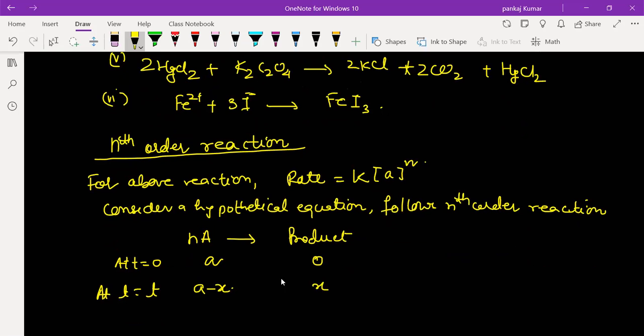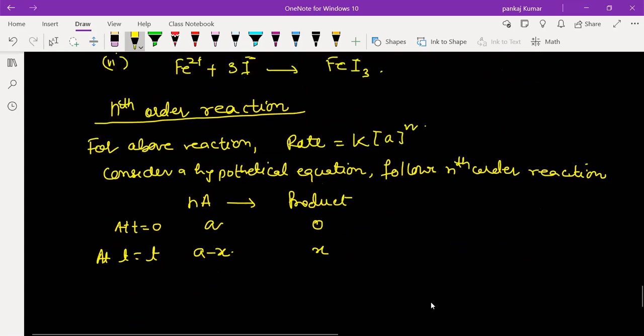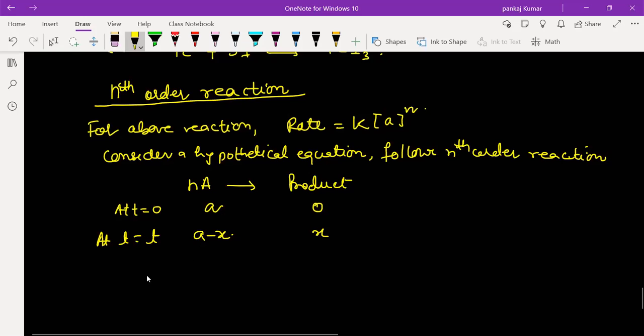This is x. So what is the rate? We can say the rate of reaction, if you take it in terms of product, will be equal to dx by dt.